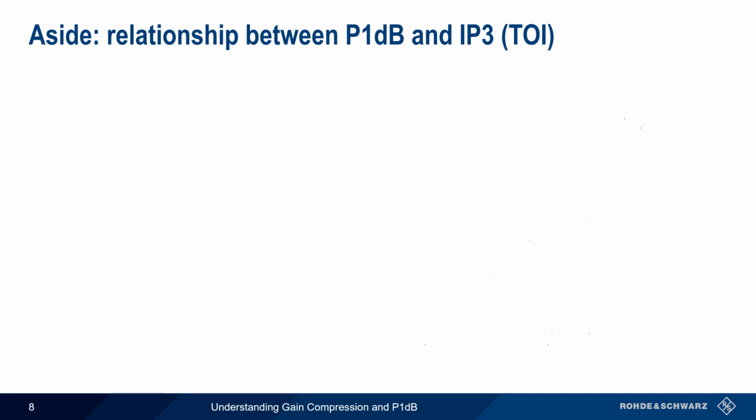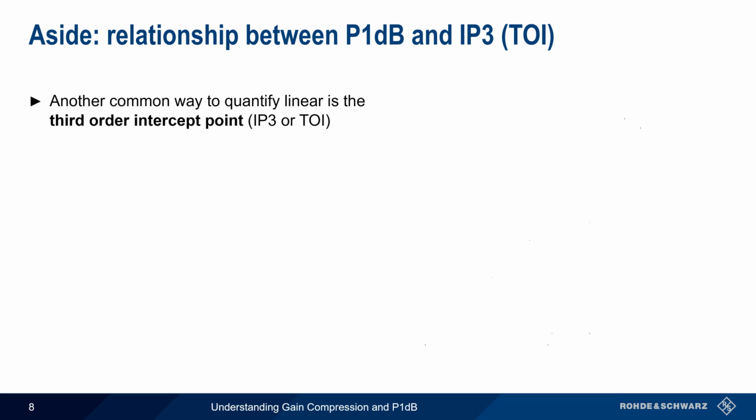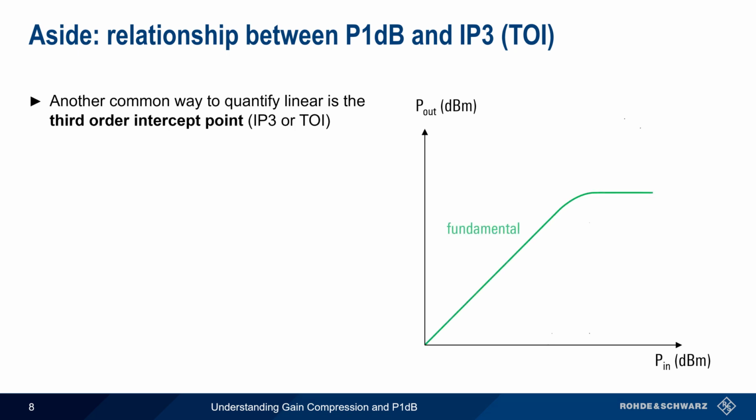Before we move on to how P1dB is measured, let's pause for a moment to discuss third-order intercept, which is another common way of quantifying linearity. Very briefly, third-order intercept involves the relationship between the level of a signal and the level of one of its third-order intermodulation products. Third-order products are additional signals produced by a device operating in its nonlinear region.